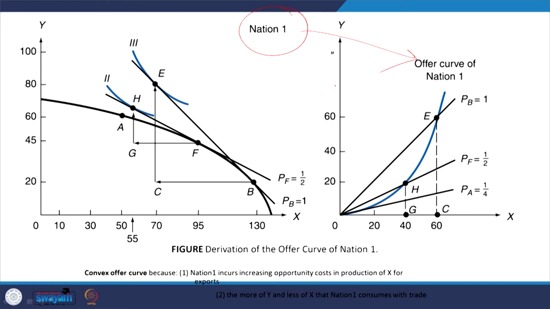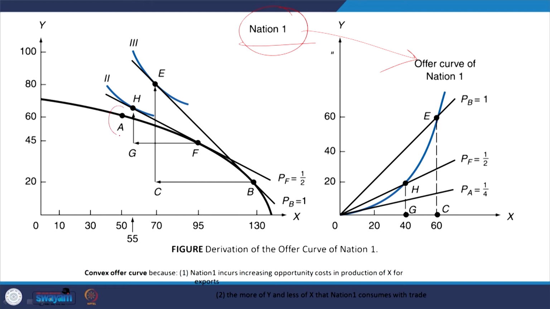Their transformation curve is relatively less steep, with less slope, and the Px by Py is lower in nation 1.